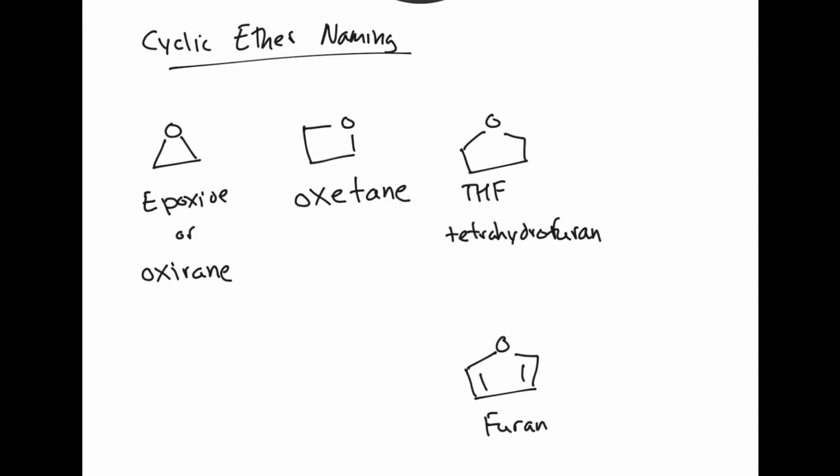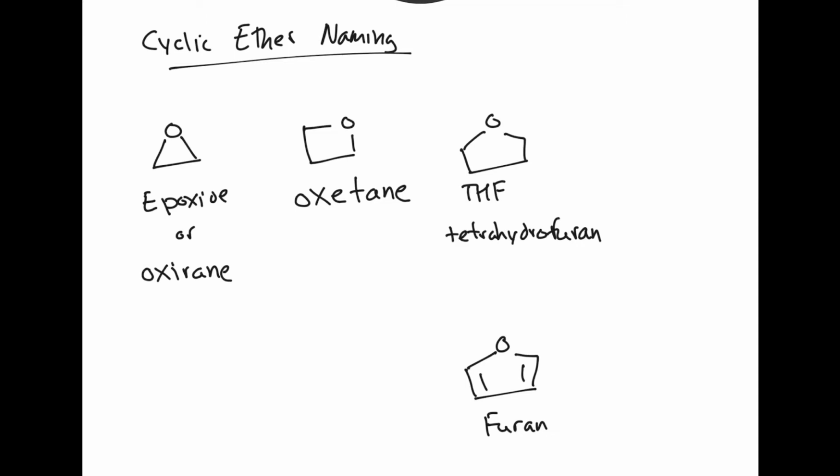To get rid of a double bond, you have to add 2 hydrogens, right? So if we add 4 hydrogens to furan, we get this molecule. Well, let's just call it tetrahydrofuran. Cool name.